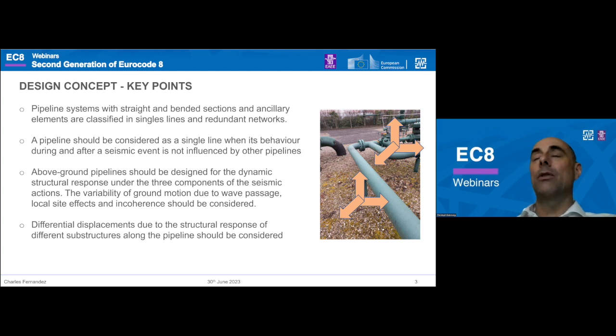Furthermore, we have to think about how can we incorporate differential displacements due to the structural response of the substructures, because at first we are talking about above ground pipelines, and there is an interaction with the substructure. So there is also the need to calculate differential displacements along the pipeline.